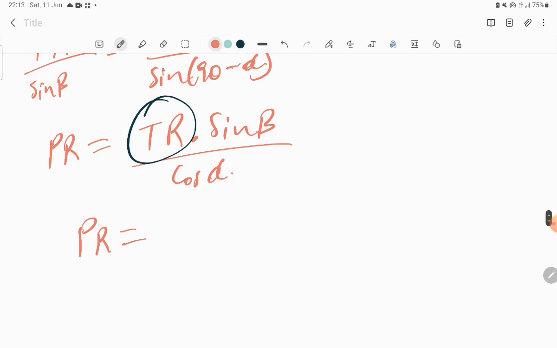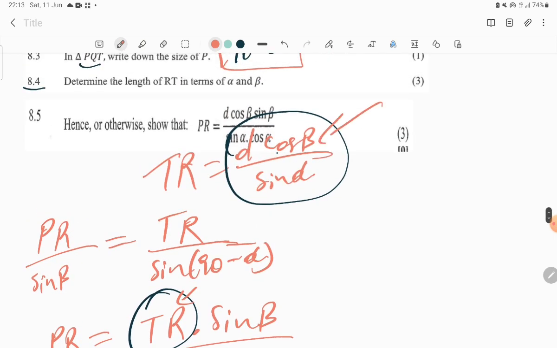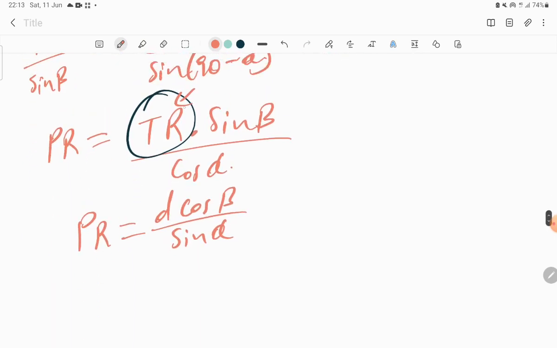So we put d cos beta divided by sine alpha there in the place of TR, then times sine beta, then divided by this cos alpha.